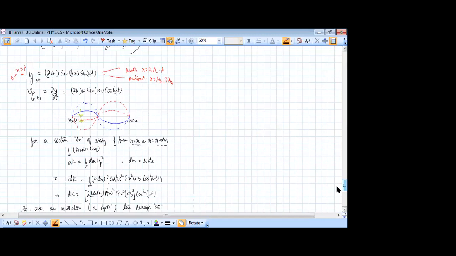The main part is that the average kinetic energy is equal to the average potential energy, because ultimately it is a set of particles in SHM. So there is that symmetry of the two types of energy in SHM.